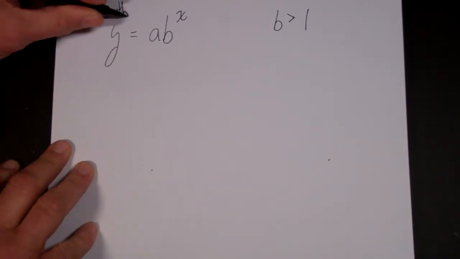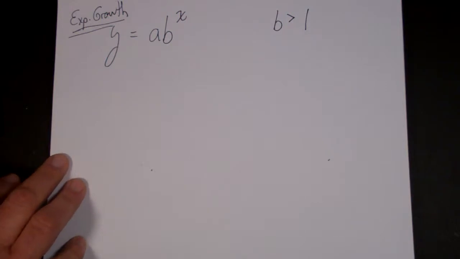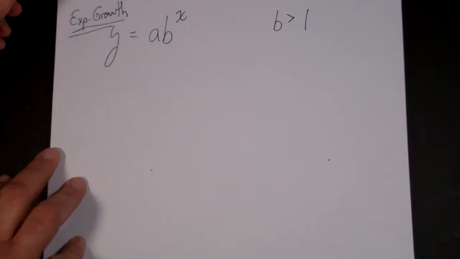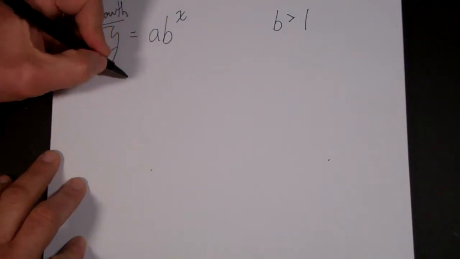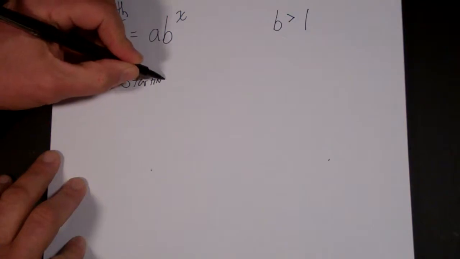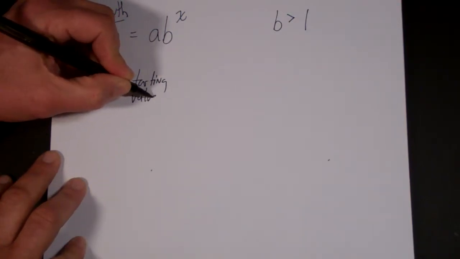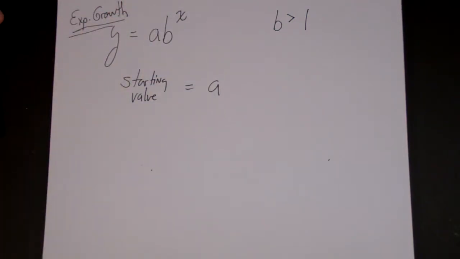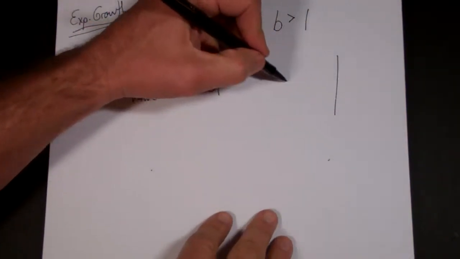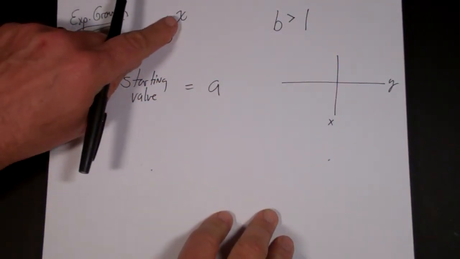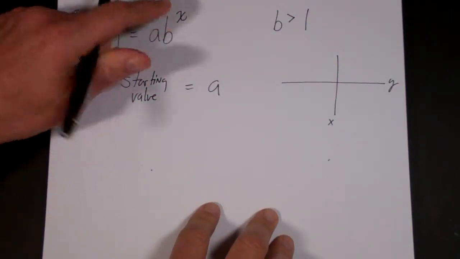And though we'll have more complicated functions later, in this case all the graphs are going to be pretty straightforward. The first thing you're going to notice is the starting value is a. When we graph that on an xy graph, what we mean by the starting value is that x is equal to 0.